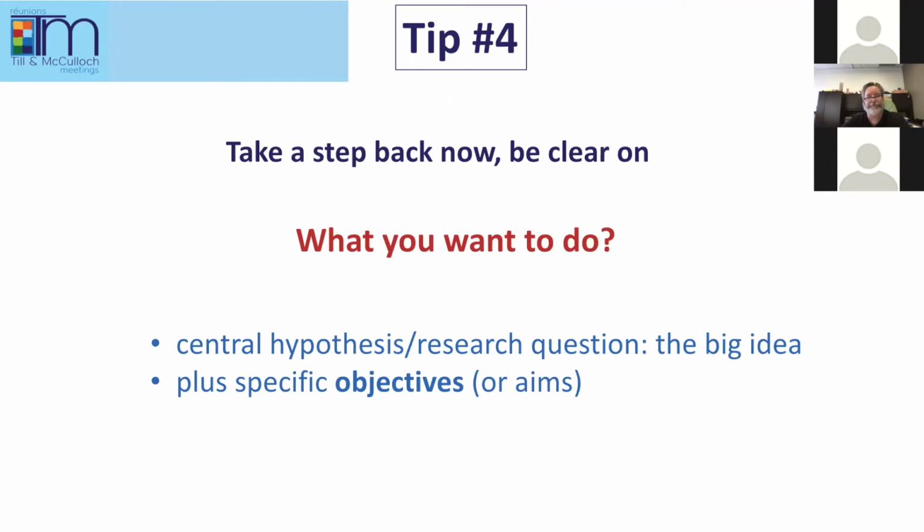Step 4. Now that you got a big diatribe on paper there, step back and think, what is it I want to do in this abstract, this poster, this paper, this grant? And that really comes back to your central hypothesis. So that's the hypothesis or research question. It's the big idea.